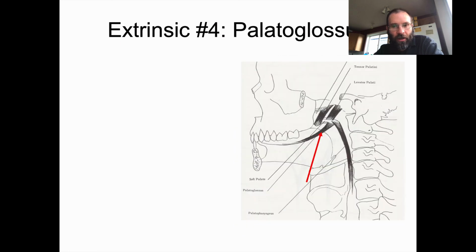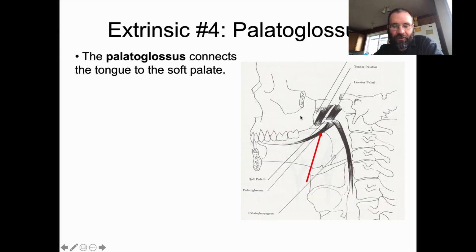Okay, the last one I'll talk about in terms of extrinsic muscles is not really linked up with a corner vowel. Instead, this is the palatoglossus, and this connects the tongue to the soft palate. To be honest with you, when we have gone to the larynx field trip and looked at the various articulators in real life, this is the only extrinsic muscle I've been able to see clearly there.